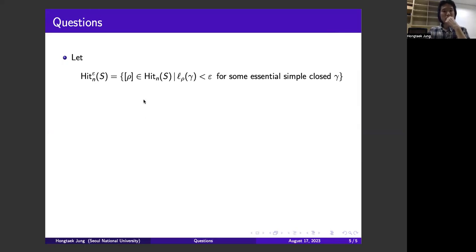For the Hitchin components, I want to introduce this question. Let's say Hitchin of epsilon is the set of all Hitchin representations such that there is some essential simple closed curve whose length is smaller than a given number epsilon. This is a subspace of the Hitchin component, and it's invariant under the mapping class group, so we can take the quotient, and let's say M of epsilon is that quotient.